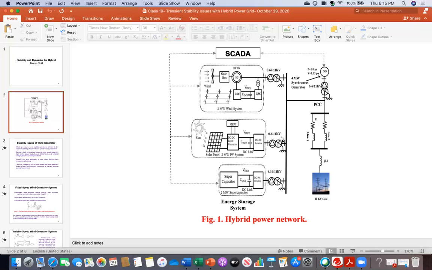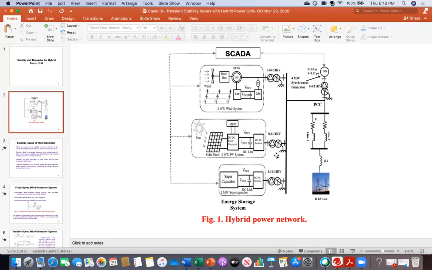Now, whether they are connected at the distribution stage or at the transmission level, there can be stability issues. The stability problem can be caused by these sources at the distribution or transmission level, or due to any fault on the synchronous machine. So whatever the location and whatever the type of fault or disturbance, the whole network will be impacted.